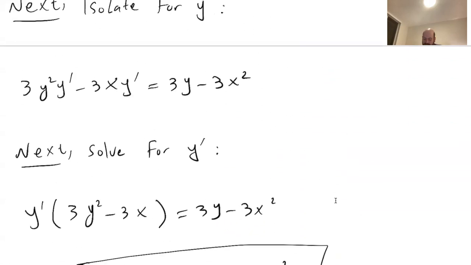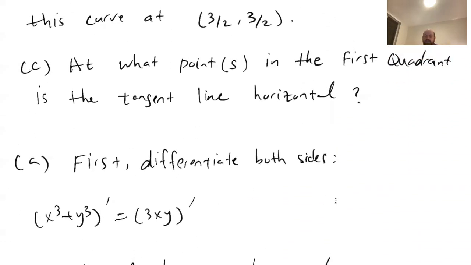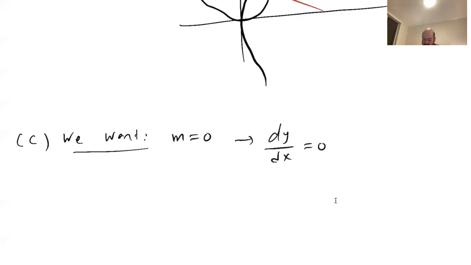Okay, now for part C, we want the tangent line to be horizontal. Horizontal means the slope has to be 0. So we want m equals 0. So that gives dy/dx equals 0.